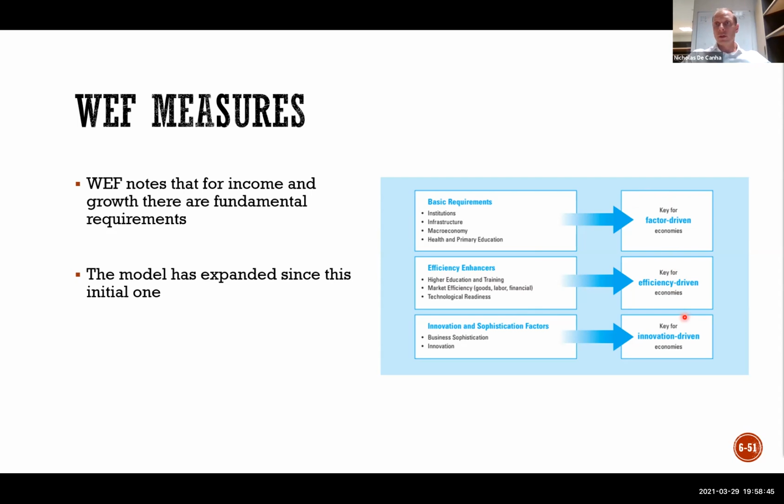In other words, if you want to compete, you've got to be working on all of these things. So that's in some ways bad news if you're an emerging economy, because what was kind of this nice idea that you had these basic requirements, perhaps you have to build them in this order, but unfortunately to compete, more and more, all of the factors are part of your mix, even if you're in an early stage.